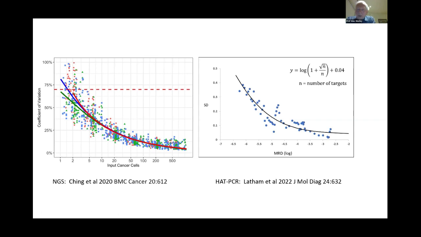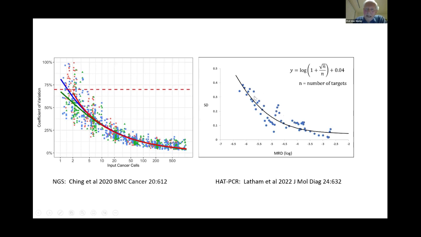So the horizontal portion of the straight line, 0.04, is the standard deviation in the log mode of the actual assay. And the rising part of the curve shows you the additional effect on the standard deviation of the Poisson effect.